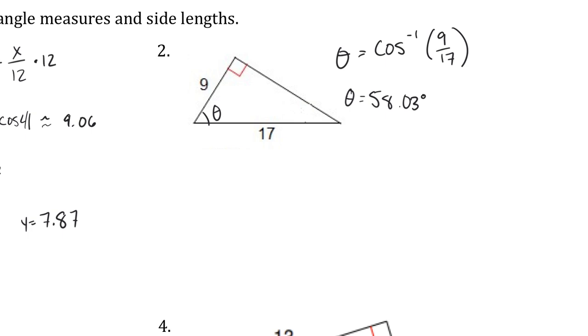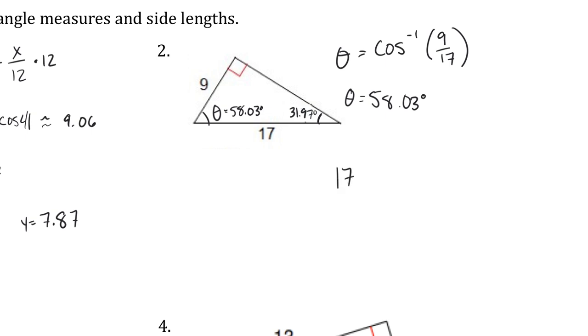If that's true, then we can figure out that this angle is whatever 180 minus 90 minus that is. And that gives me 31.97 degrees. Okay, now the last thing we need to do is find that last side length. We're going to use the Pythagorean theorem to do that.